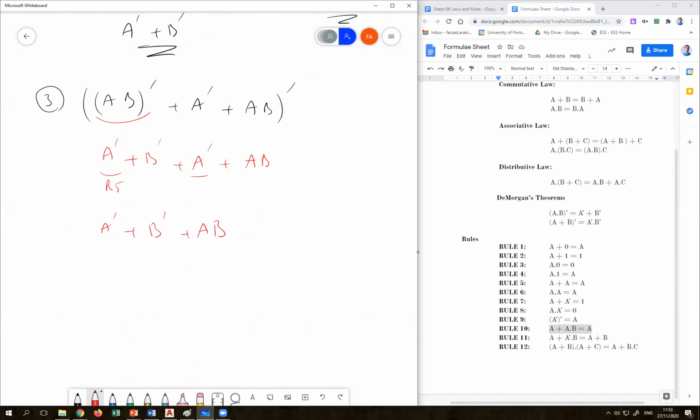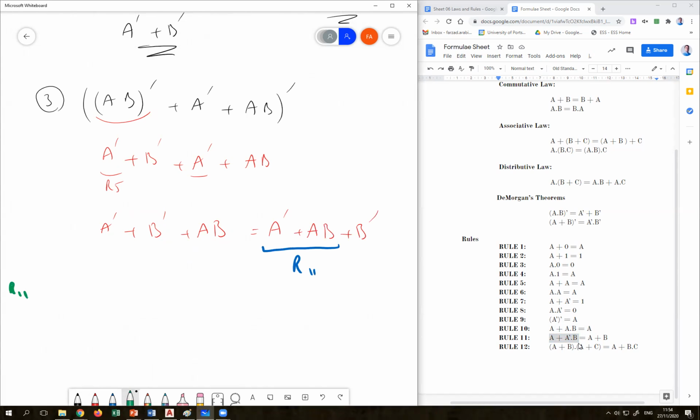Now it's very interesting what I've got to do. I write it equal with A naught plus A B plus B naught. And guys, look, this is rule number 11 for me. In rule number 11, I have A or A naught B is A plus B. So I'll write it for you here.